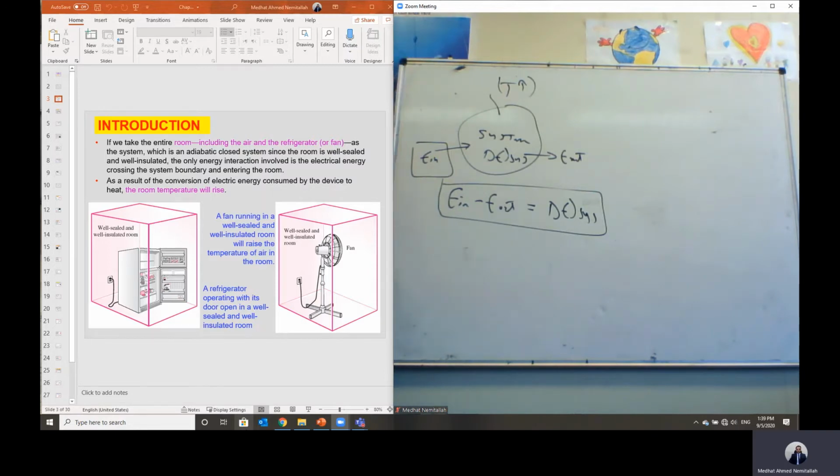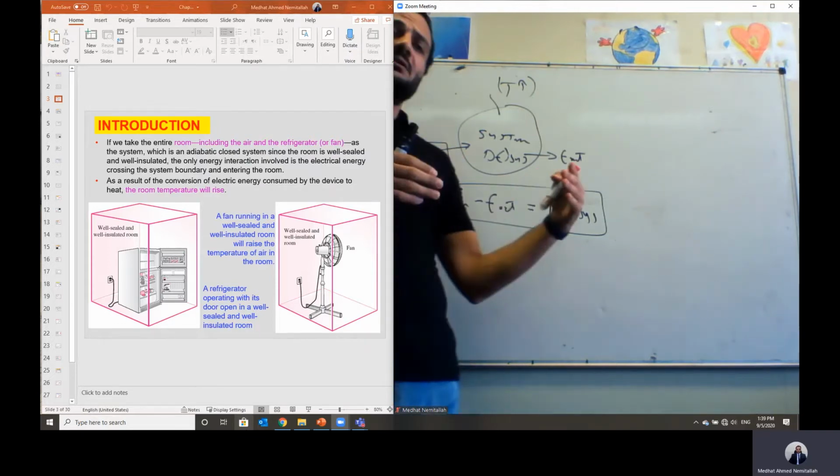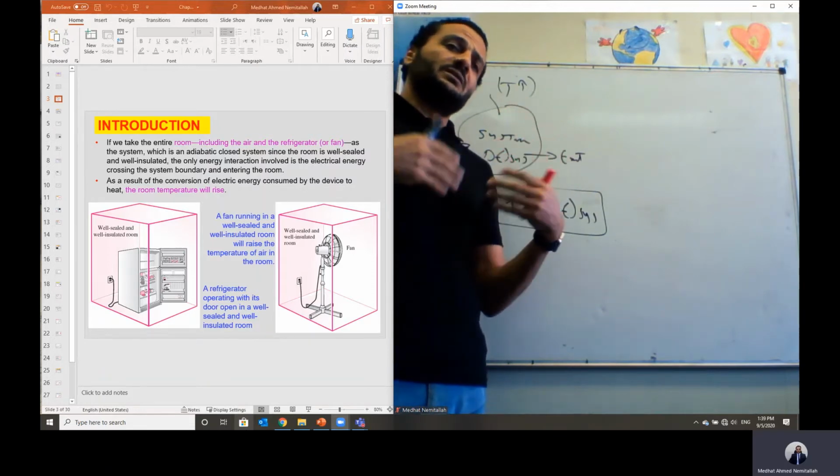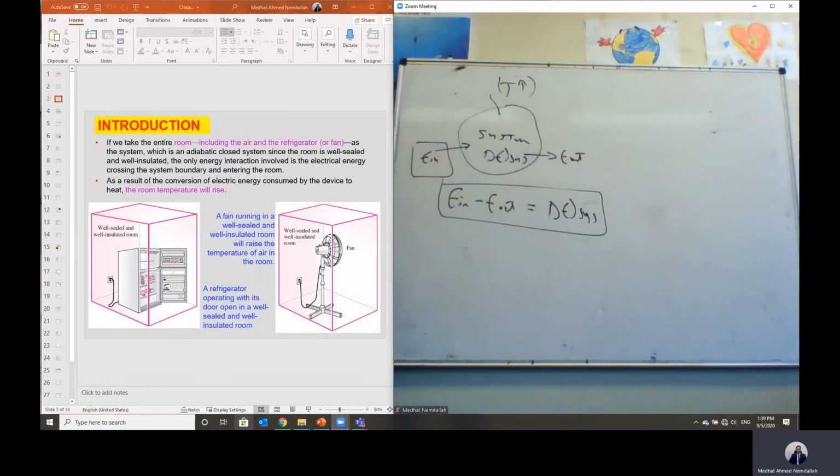Part of the heat is generated due to friction: the kinetic energy of the air will be dissipated in the form of heat due to friction between the molecules and between the moving air and the wall. At the end, the kinetic energy of the gas will hit the wall and be dissipated in the form of heat.